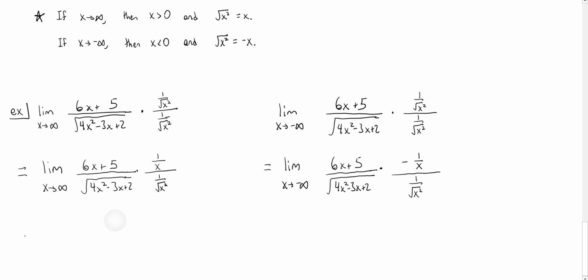All right. So now we can distribute this 1 over x. That will leave us with 6 plus 5 over x. Here, we're just going to get the square root of 4x squared minus 3x plus 2 over the square root of x squared.